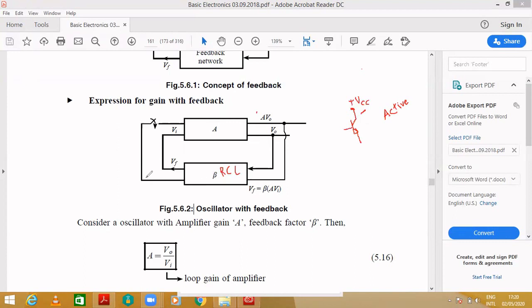Then again it will be given back to the amplifier. That's why I told you that in the oscillator we have to use which feedback? Positive feedback. Why? Because the transistor is taking noise as an input, that will be amplified and given back to the feedback network.